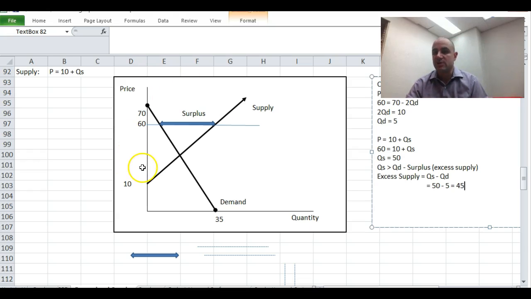So let's look at another example. Let's see what happens when the price is 20.